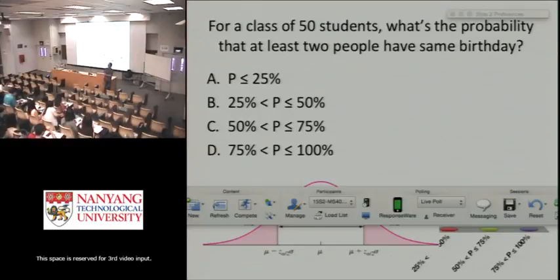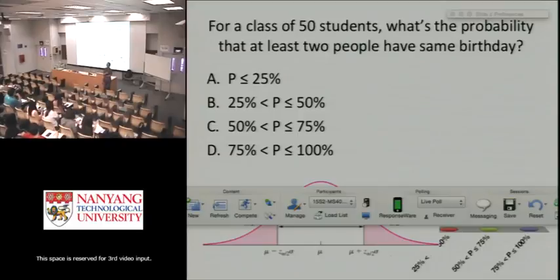How many people choose A? Raise your hand. 1, 2, 3, 4, 7, 8. How many people choose B? How many people choose C? How many people choose D? 1. Okay, I only get 9 people responding.